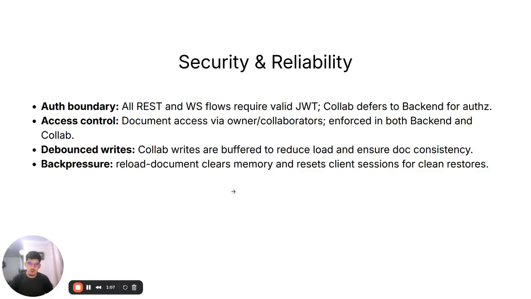The collaboration service doesn't validate, issue, or sign any token. The backend is the only source of truth for this. The access control, again, the backend is the only source of truth for this. It takes care of enforcing document access over all the collaborators and all the owners.